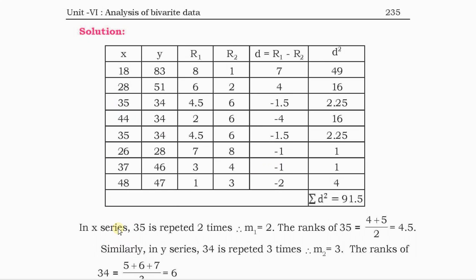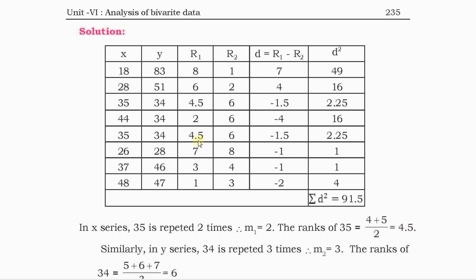Okay. So in X series the 35 is repeated two times, hence m1 is equal to 2. One item has repeated, so that will be noted as m1. So m1 is equal to 2. For these two 35s we have to assign a common rank. So that is 4th rank plus 5th rank divided by 2, that is 4.5.